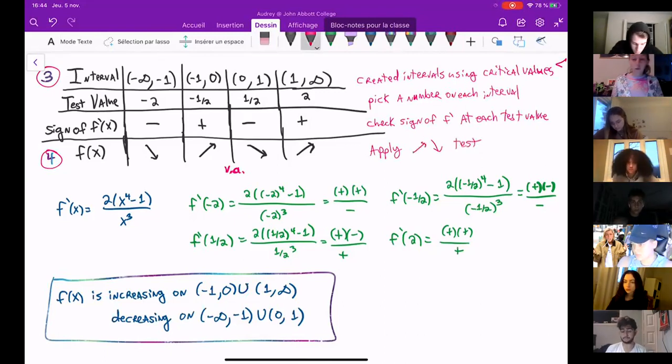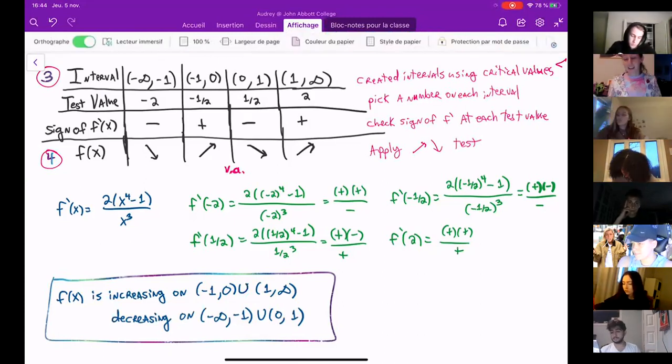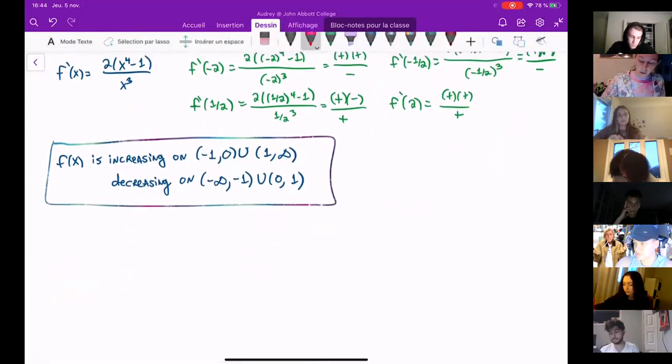Okay, so next. There are actually other conclusions that I can make from this variation table without doing any extra work. And those conclusions are about what's called extrema, or maxima and minima.